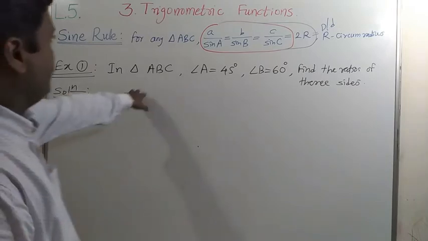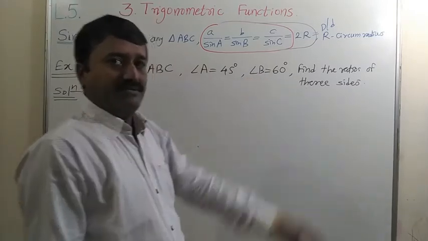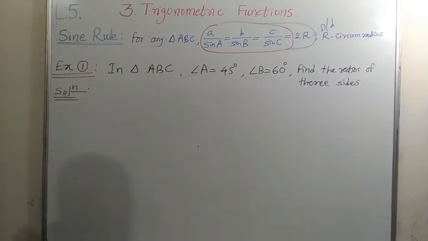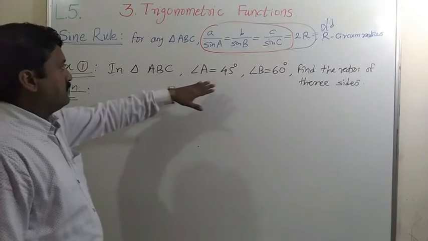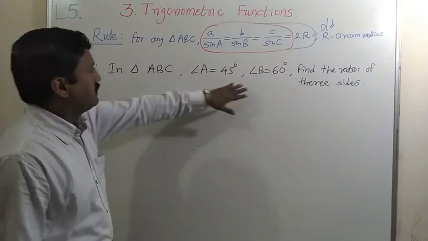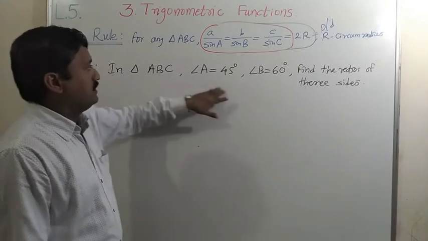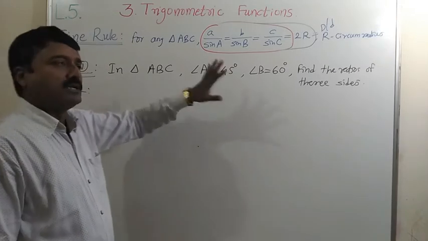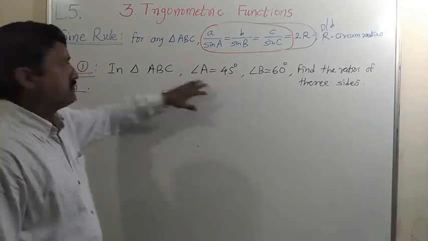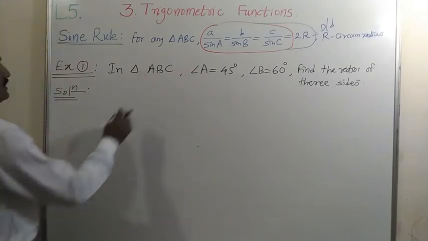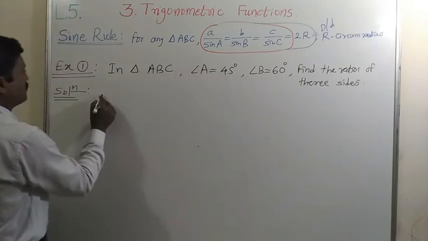In this triangle ABC, if two angles are given, we can easily find the remaining third angle. It looks like only two elements are given, but actually three elements are given because the third angle can easily be found from these two angles.